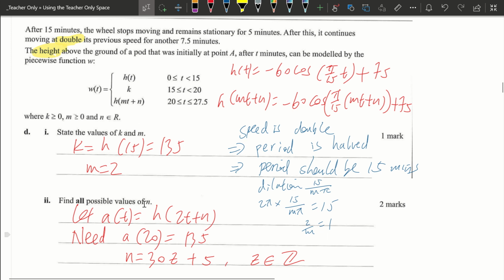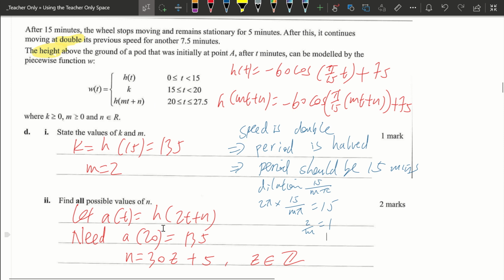And I know that when t is 20, the third function has to start where the second function ends.